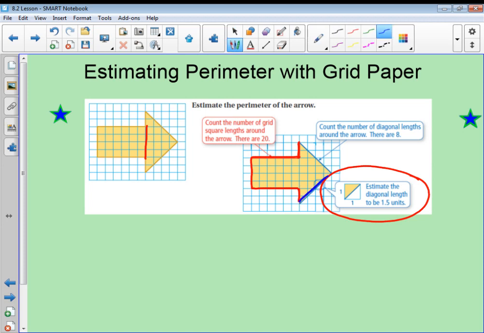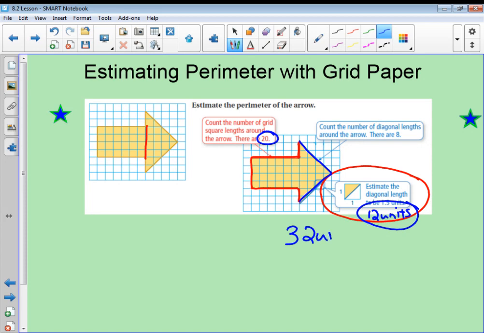There were 4 diagonals here and 4 here, which gave them a total of 8. So they take 8 times 1.5, and my diagonals themselves are going to be 12 units total. Final step is we add these two together. So 20 plus 12 gives me approximately 32 units.